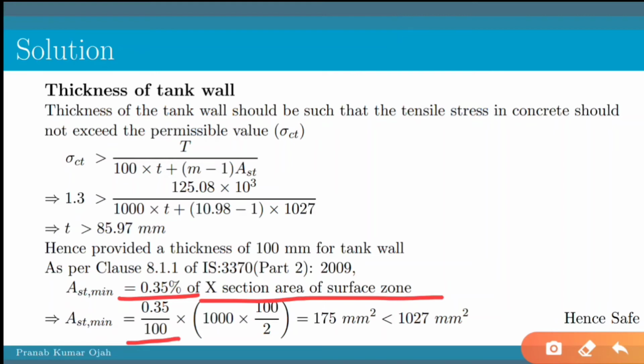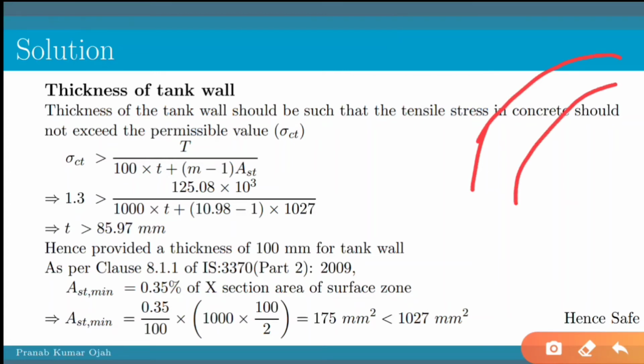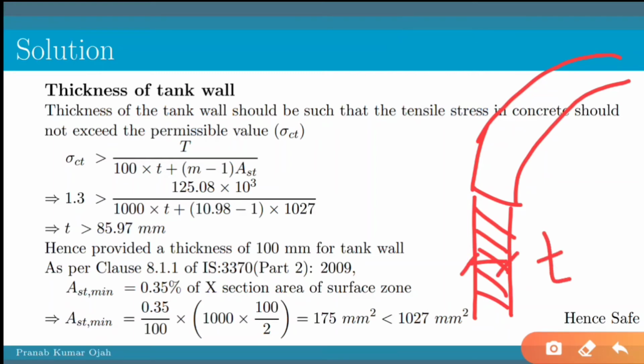So let me explain. Suppose this is one part of the circular tank. If you see the vertical cross section, this will be the vertical cross section. If you see the thickness, it will be T thickness. As this length is continuous, the thickness is T and its length is continuous.